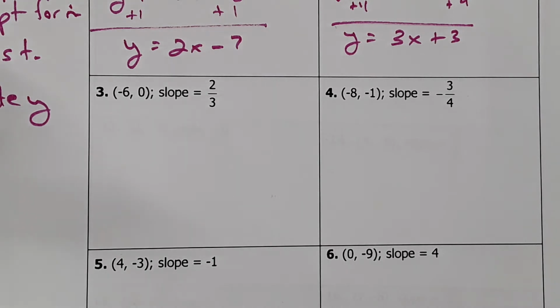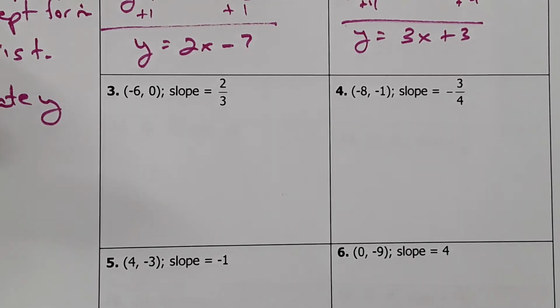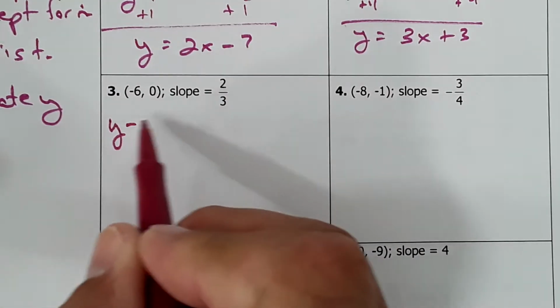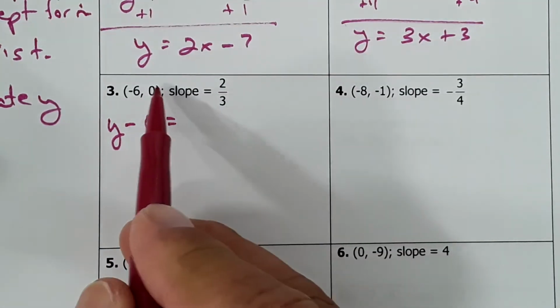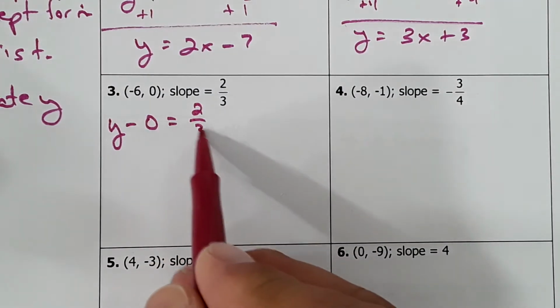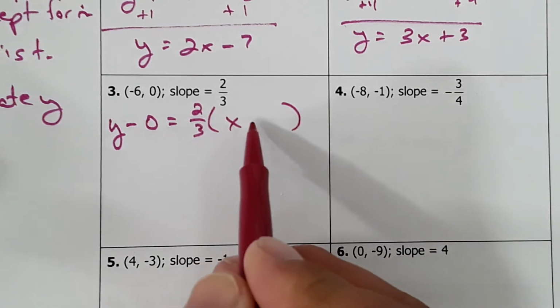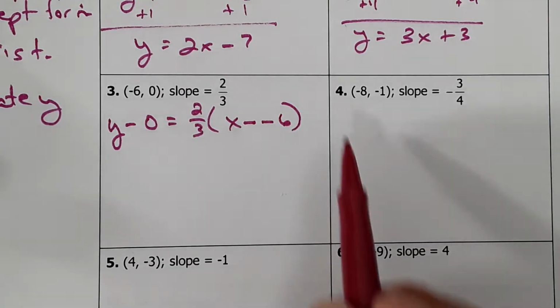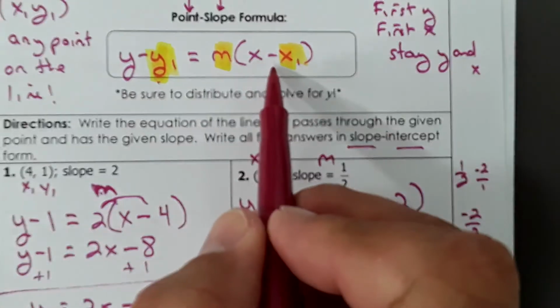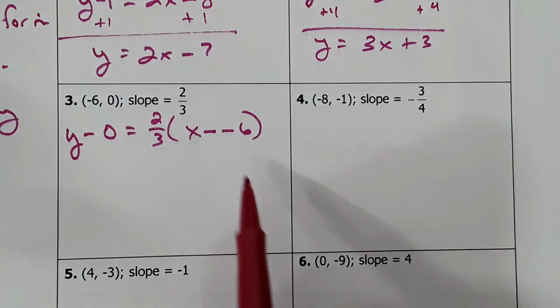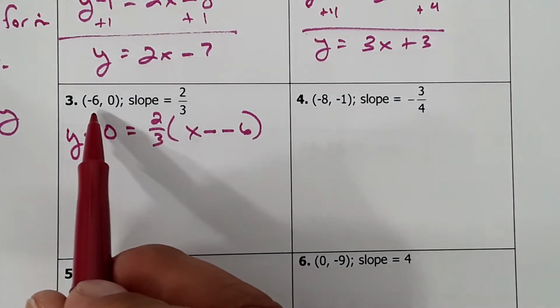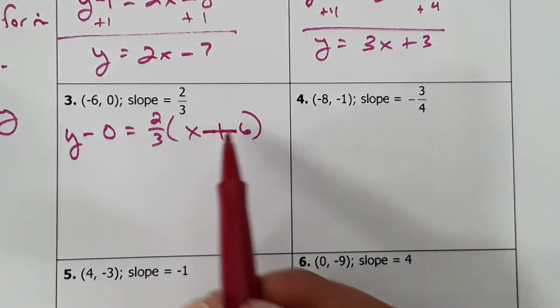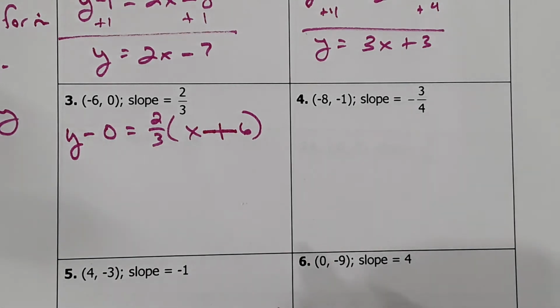Let's look at number 3. Y minus the y number, which is 0, equals the slope, open parentheses, x minus -6. Remember, the subtraction sign is in the formula. There is a subtraction sign right here in the formula. So it's going to be x take away, and then this x number is -6, which of course makes this a big plus sign.